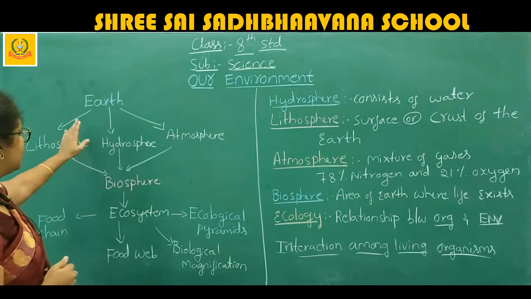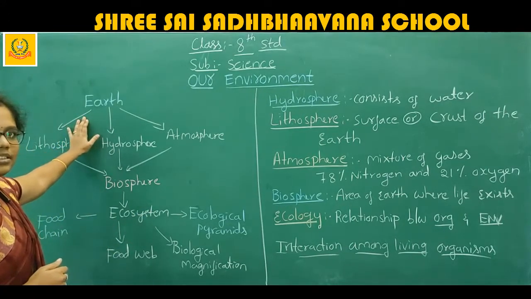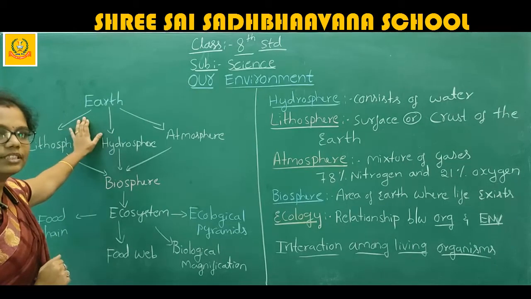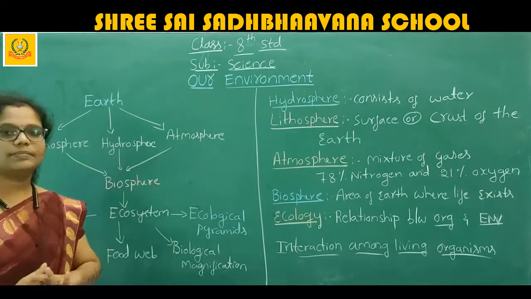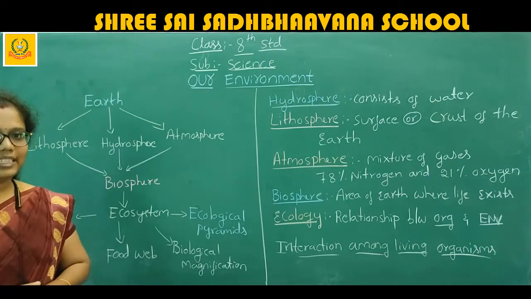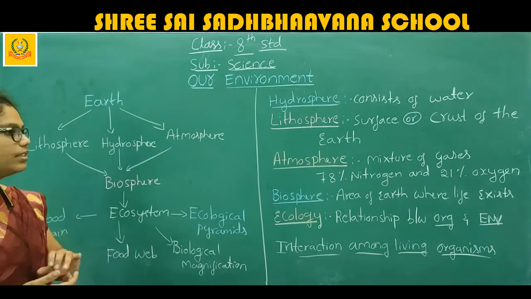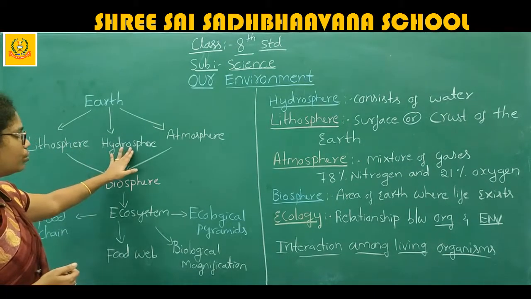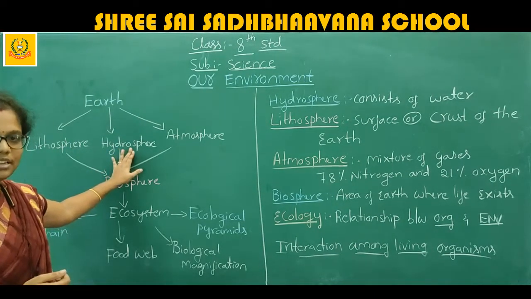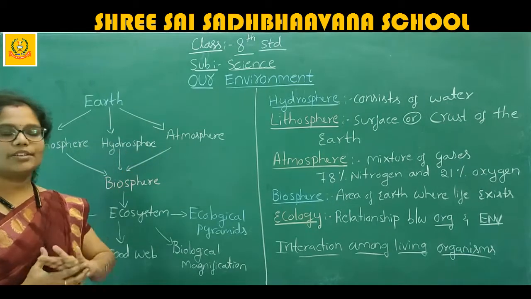The earth's environment is divided into three spheres. What are these three spheres? The first one is the lithosphere. Next, we are going to discuss the hydrosphere. Next, the atmosphere.